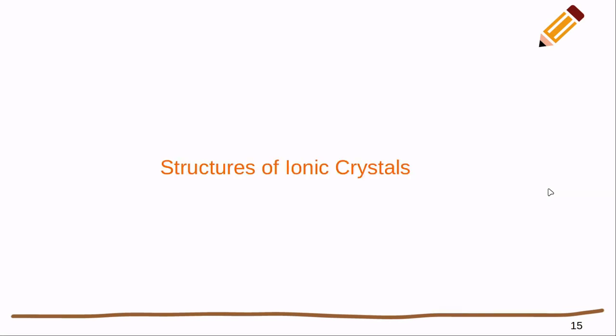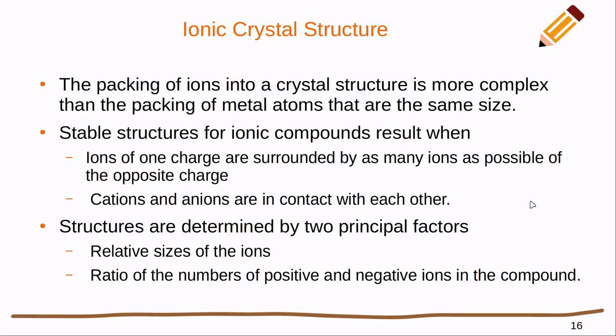So let's take a look at the structures of ionic crystals. The packing of ions into crystals is more complex than the packing of metal ions because the metal atoms are all the same size. But once we have ions, we're going to have both cations and anions, and they tend to be of different sizes.